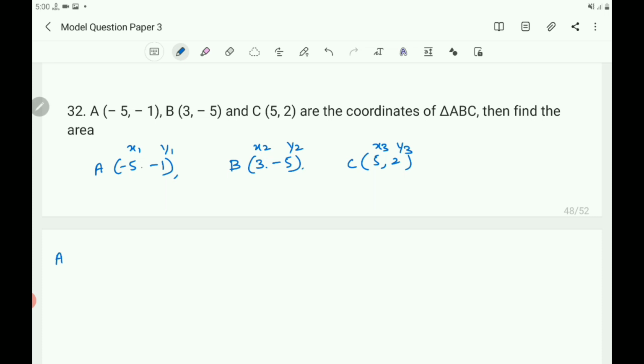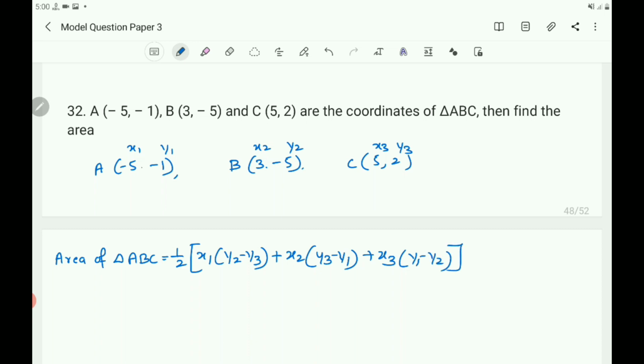You write area of triangle ABC equals 1 by 2 into x1 into (y2 minus y3) plus x2 into (y3 minus y1) plus x3 into (y1 minus y2).